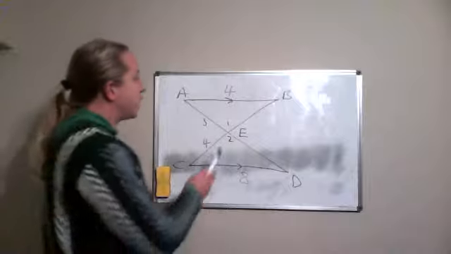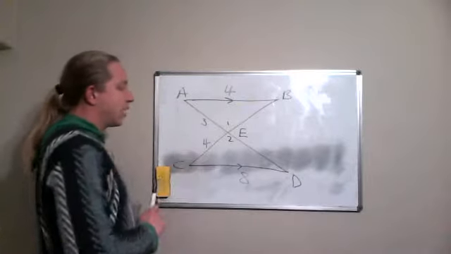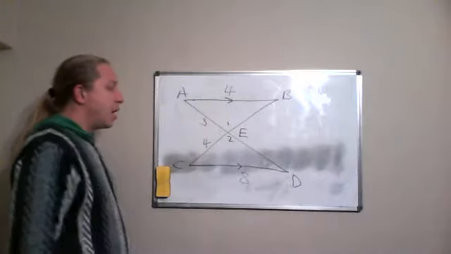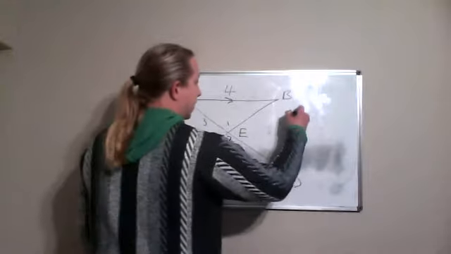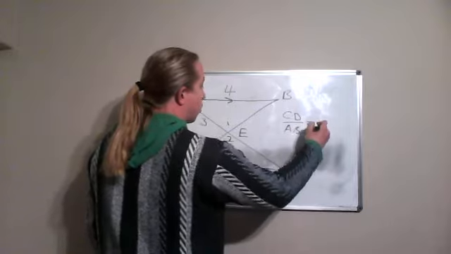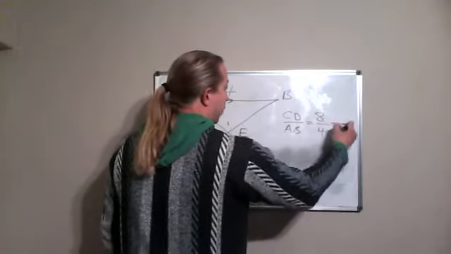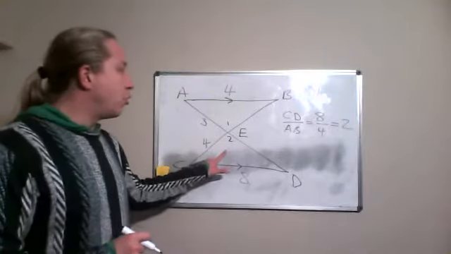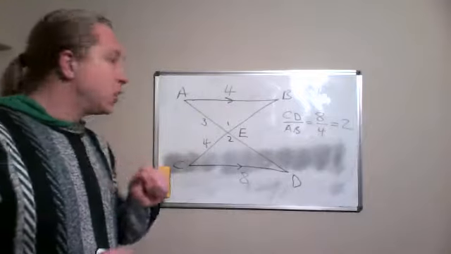We need to match up the longest side AB to the longest side CD, and they've given us those. So CD divided by AB equals 8 over 4, which equals 2. So the ratio of the bigger triangle over the smaller triangle is 2.